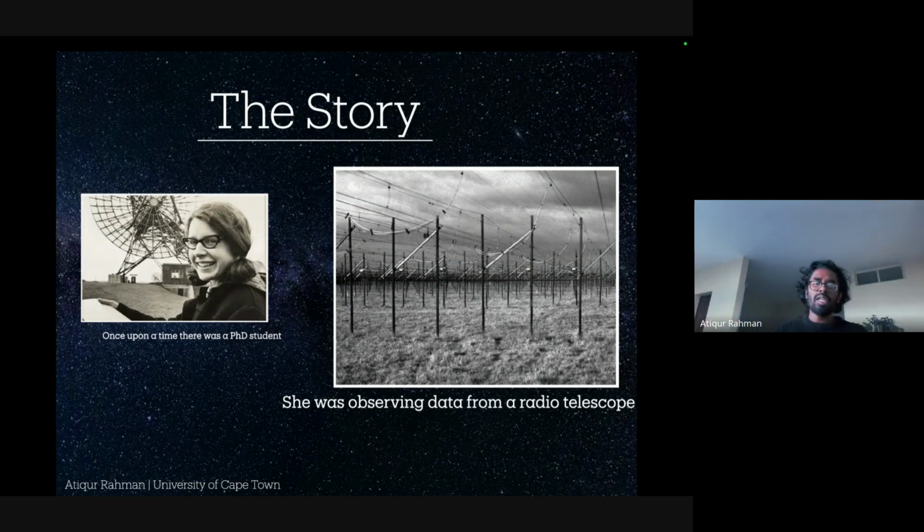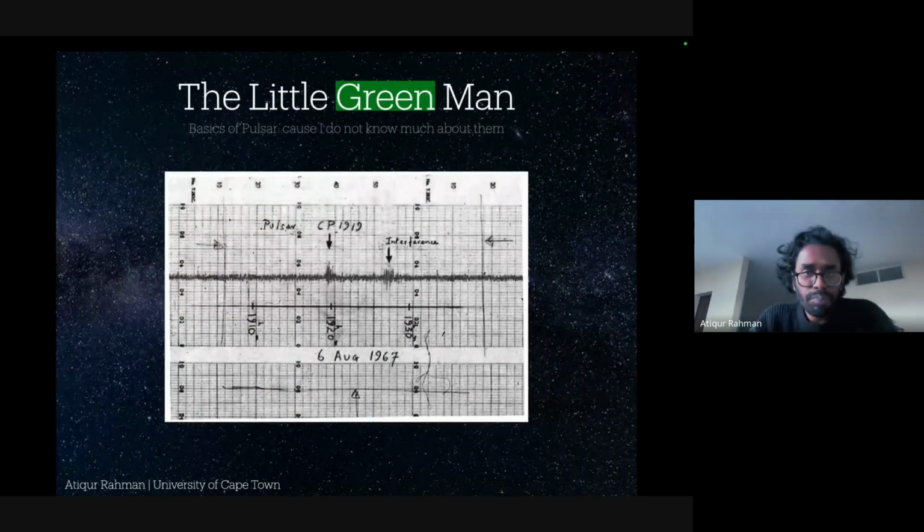So when Jocelyn Bell was trying to observe this telescope data and trying to make sense of it, she came across this thing one day. So you can see that there is this interference. You can see, is my cursor anywhere there? No, not yet.